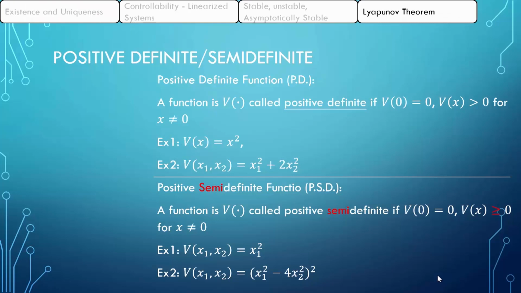What is positive semi-definite? Semi-definite means, again, v(0) is 0.